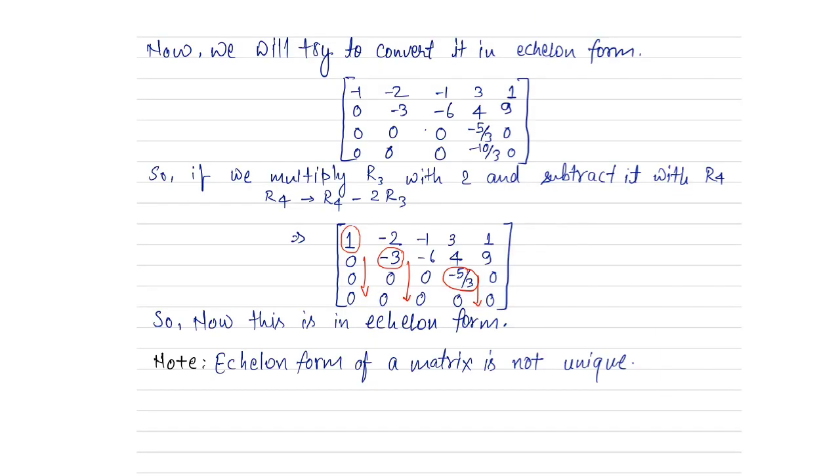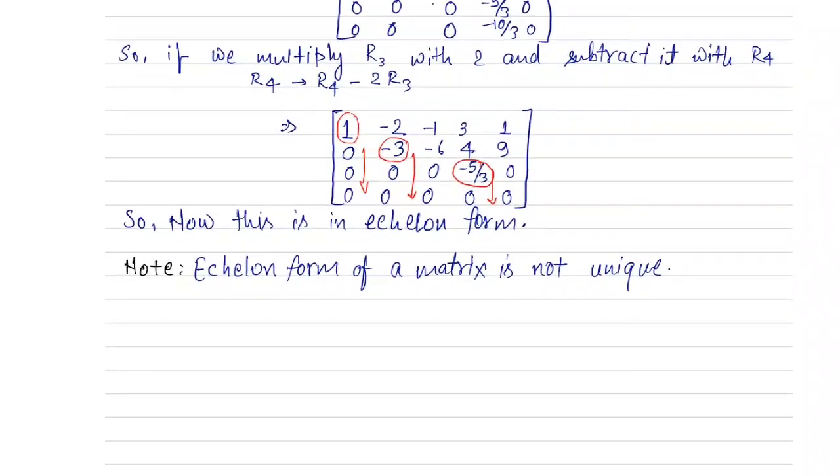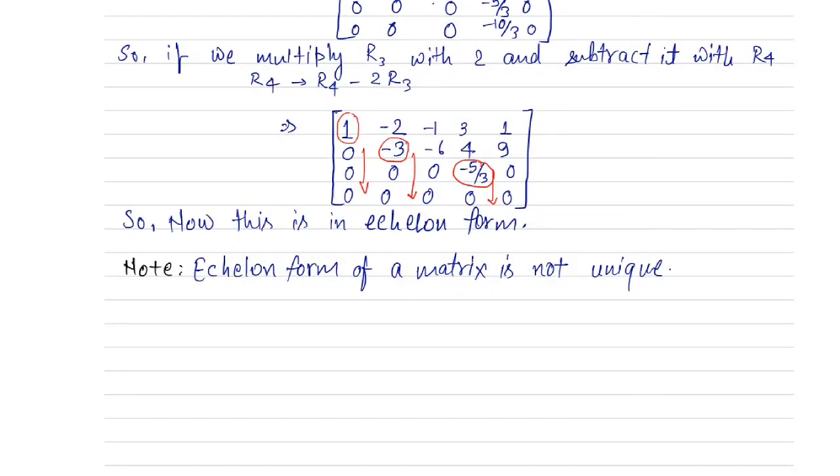So we'll try to convert it into row echelon form. What we do is, if we multiply row 3 by 2 and subtract it from row 4, it will become 0 here, and so it will convert into echelon form. So that is what I have done here, and after doing this row operation, we'll get this matrix.